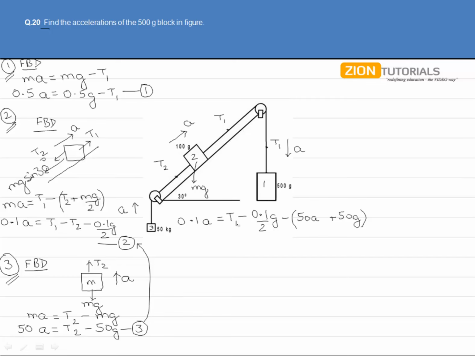Now this equation is only in T1 and acceleration A. So let us put the value of T1 from this equation into equation number 1 so that we can have an equation only in A and g.